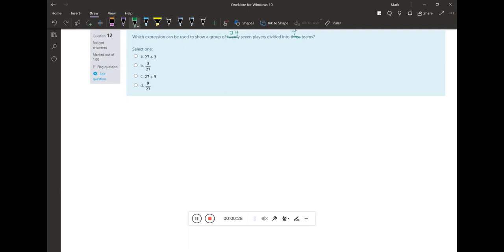With division, if we want to divide 24 players into 4 teams, that'd be like we have one big group of 24 people, and we want to divide that into 4 equal teams. It's like dividing in half and then dividing each of these halves in half. Okay, so that's what we would be doing in reality.